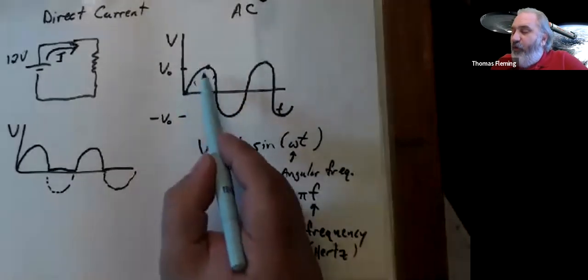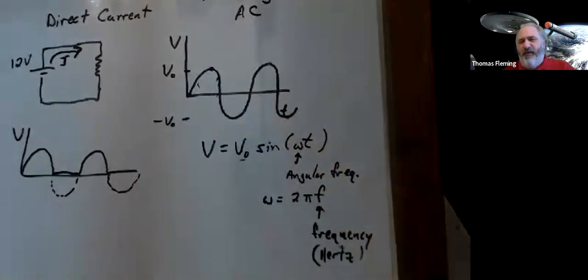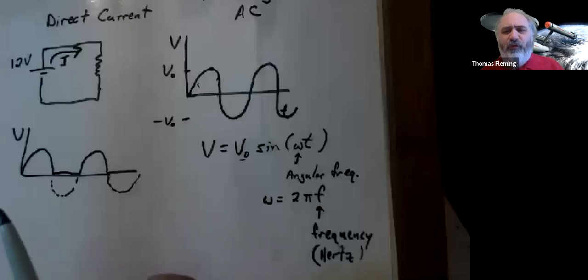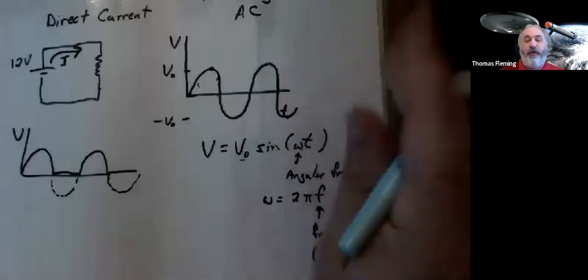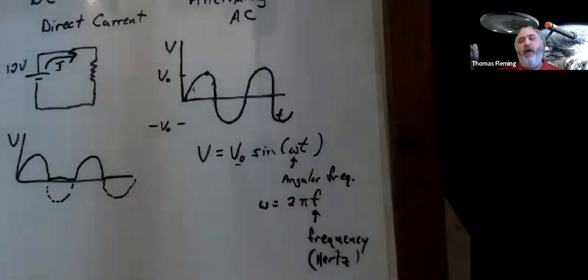So it has this whole range of different values that it takes. So I can't just say, oh, it's 12 volts, because it's only 12 volts for a split second, and then a split second later, it's something different. So it's really hard to talk about an AC circuit because everything keeps changing unless we adopt some sort of nomenclature for discussing it.